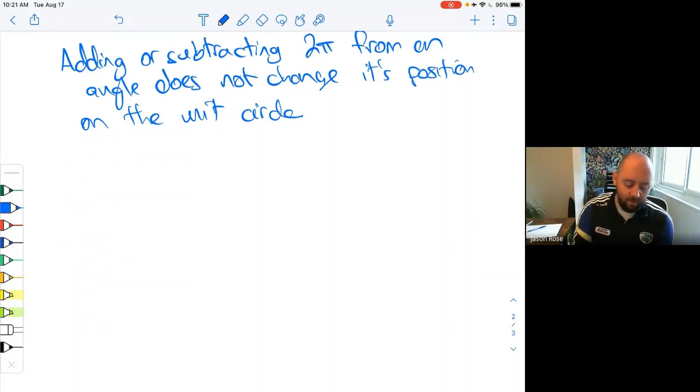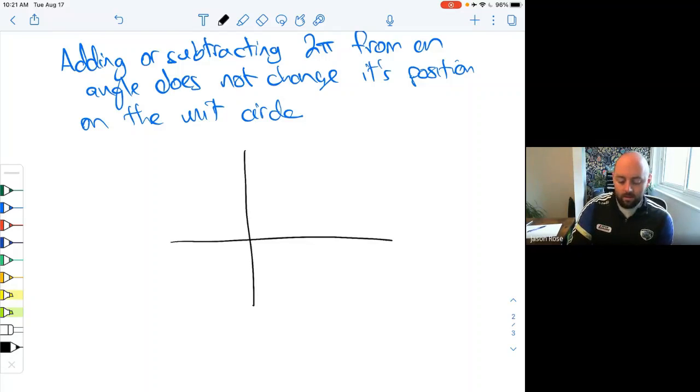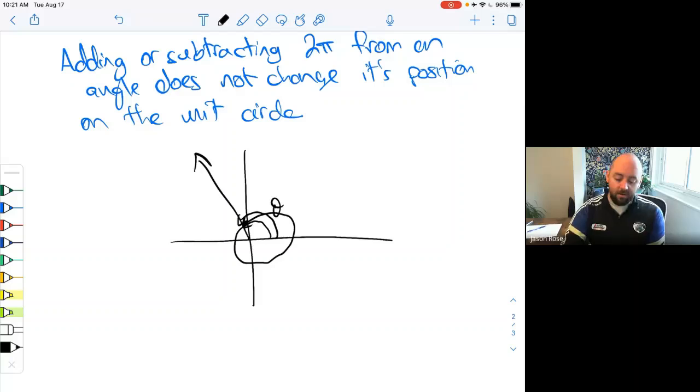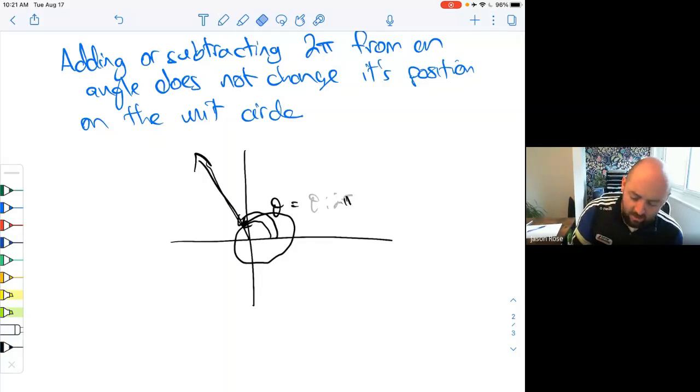So for example, let's say I have an angle here, and let's say this is theta. What would it be if I added 2 pi to that? Well, here's theta plus 2 pi, which will be back around to the same angle, right? So adding or subtracting 2 pi doesn't change the position on the unit circle.